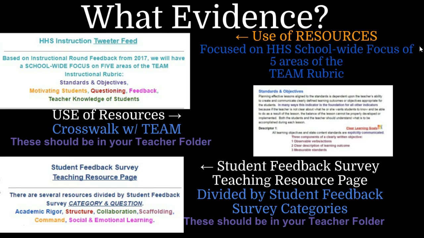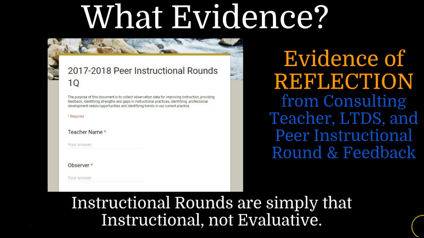Another thing that's in your teacher folder is I've taken the categories of the student feedback survey: academic rigor, structure, collaboration, scaffolding, command, and social and emotional learning. And I've created a list of resources to help with those areas. So if you found one of those areas to be an area of need last year, then there are resources that you can go to that will help you with that.